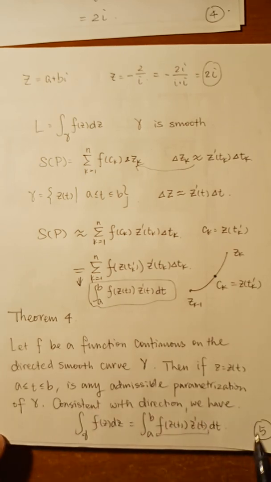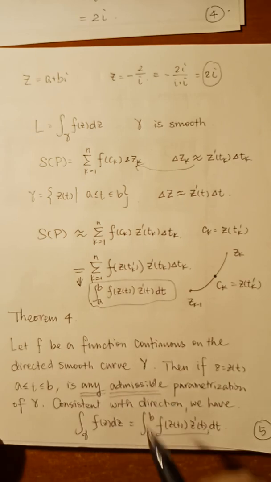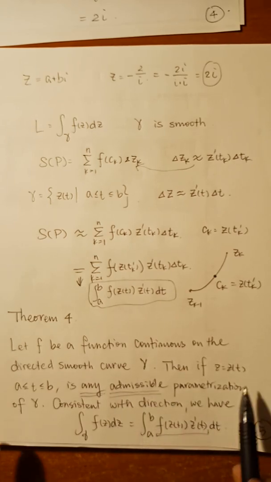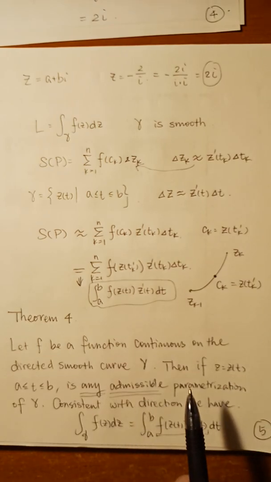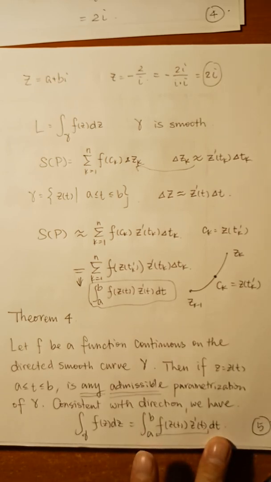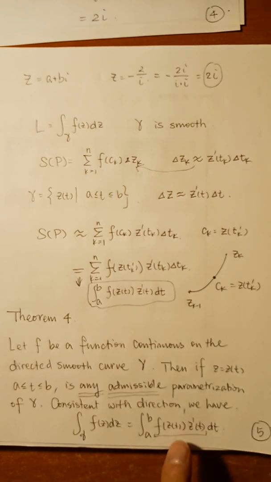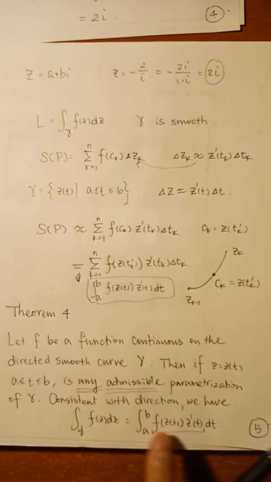In this theorem, you actually have a selection. You say z(t) is any admissible parameterization. It means you may have more than one admissible parameterization. If you have two admissible parameterizations, you will have the same integral.